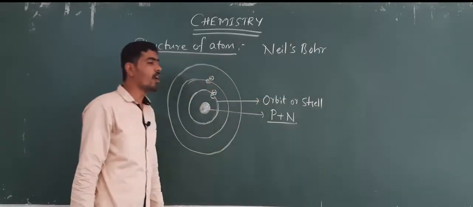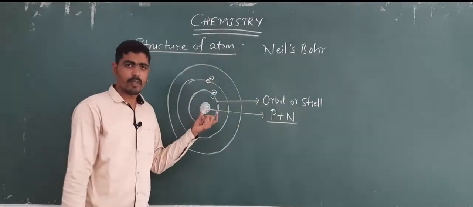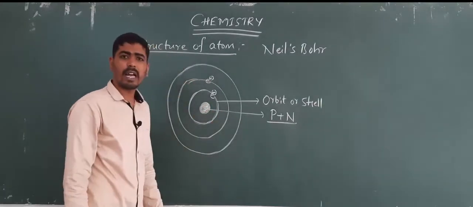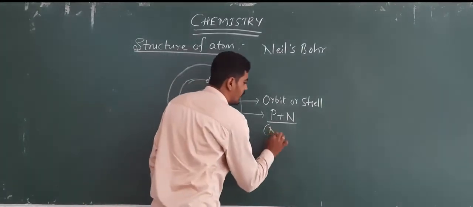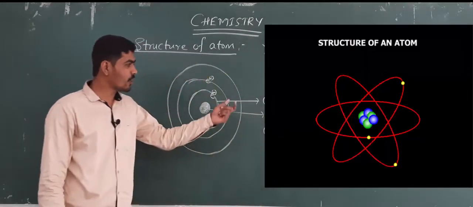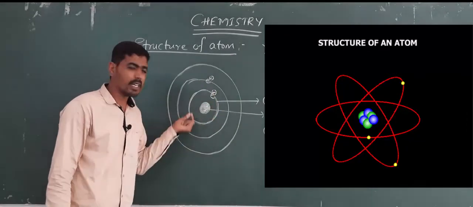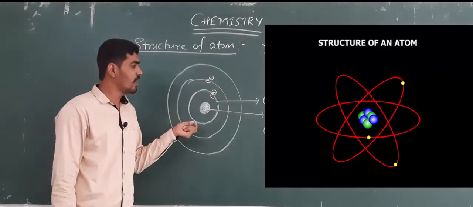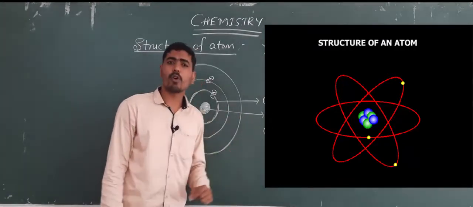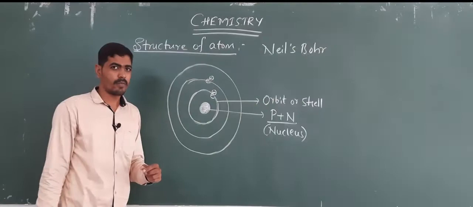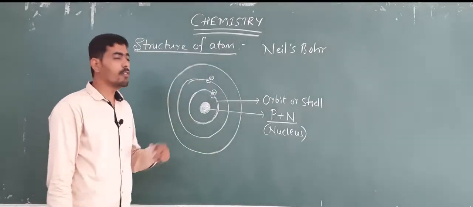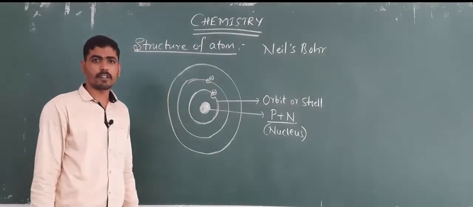This central region which consists of protons and neutrons is said to be the nucleus. That means the electrons revolve in circular paths around the nucleus, which consists of protons and neutrons. This is explained on the basis of Niels Bohr's model of an atom.